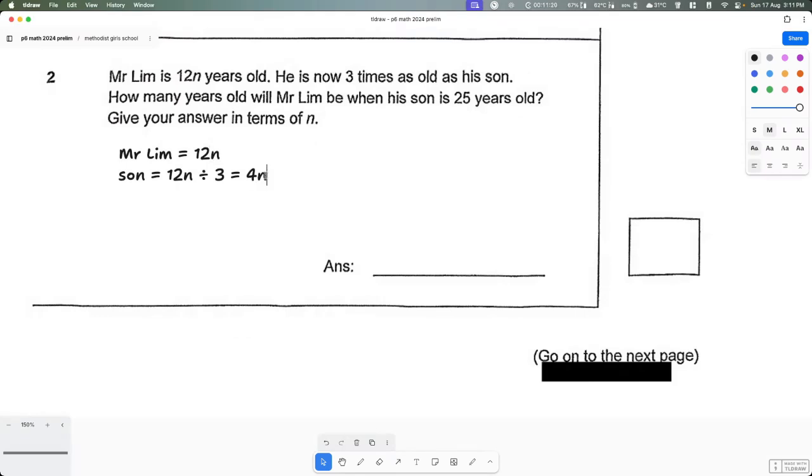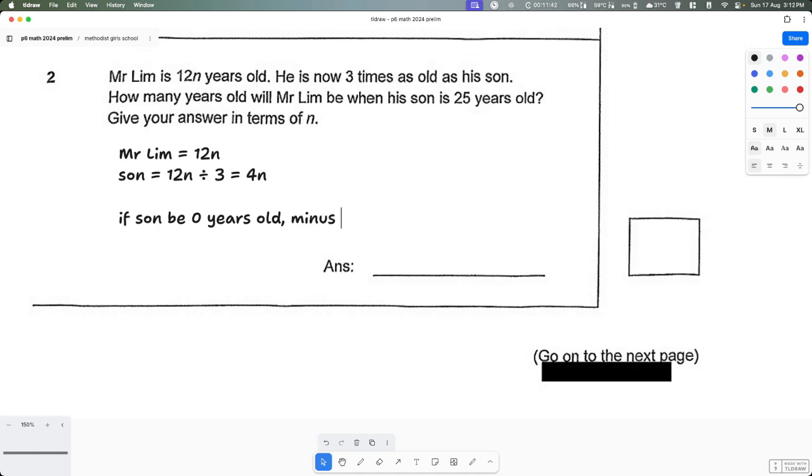So if you want the son to be 0 years old, that means you need to minus 4n years.